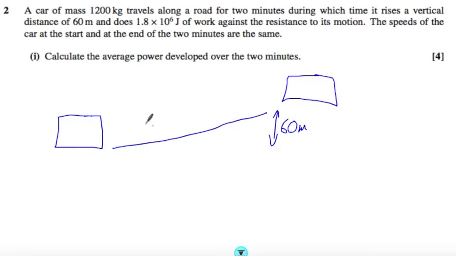So let's think what's happened from when the car is at the bottom of the slope to the top of the slope. Well, the engine's going to have to put in some work to overcome this friction, so this resistance, if you like. So that'll be 1,800,000 joules. And then also, it's had to put in energy to get it up the slope. So in other words, there's an increase in GPE.